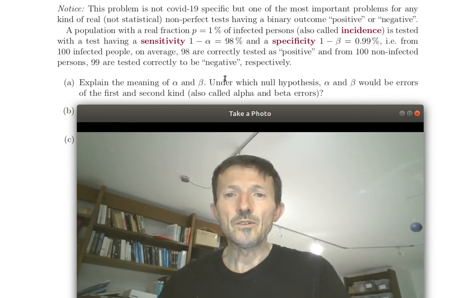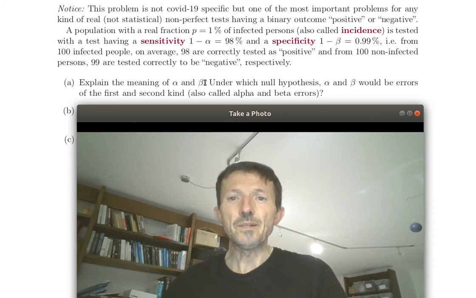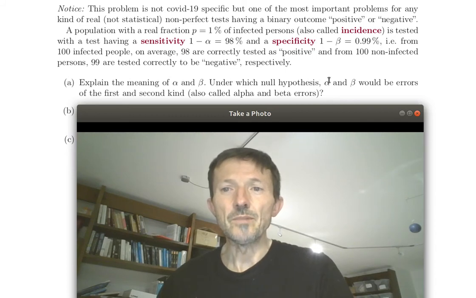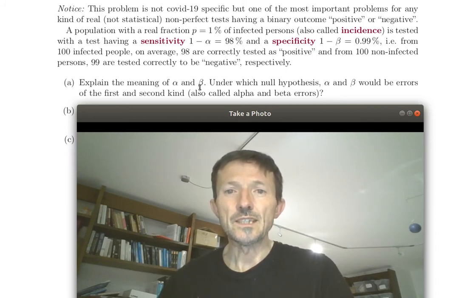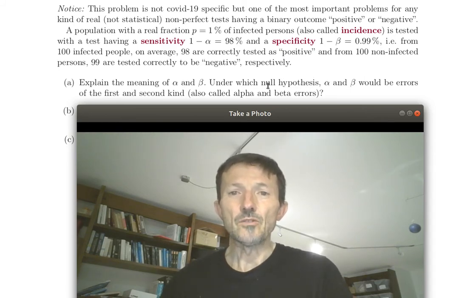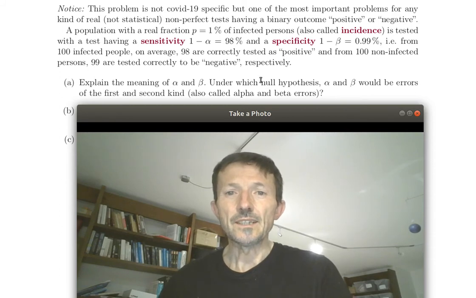By the way, this beta has nothing to do with the rates of the SI and SIR models, but it relates to the alpha and beta error, that means errors of the first and second kind. And under which null hypothesis would alpha and beta be errors of the first and second kind?